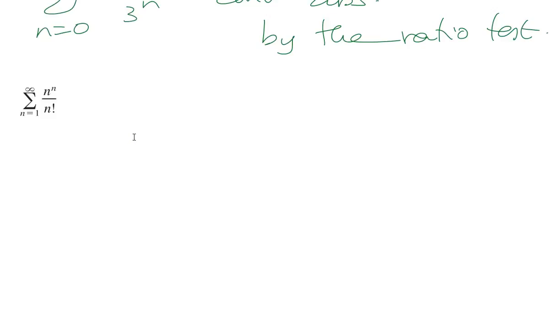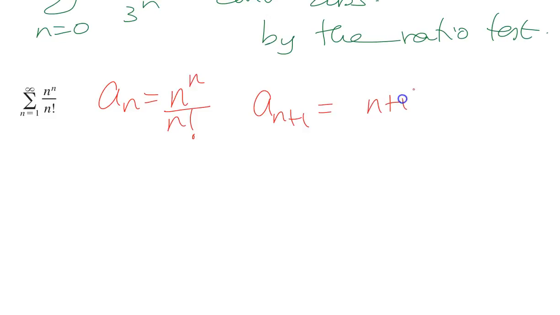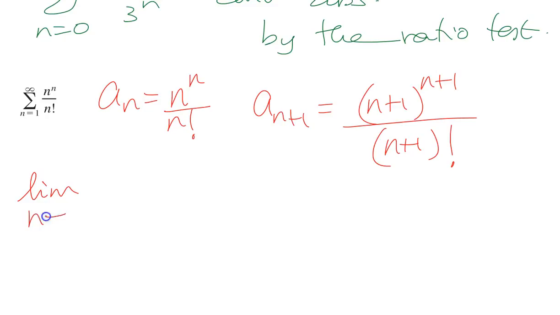N factorial is involved. Let's go ahead with the ratio test. a_n is n to the power n over n factorial. a_(n+1) is n plus 1 to the power n plus 1 over n plus 1 factorial. So you want to find the limit as n goes to infinity of the absolute value of a_(n+1) over a_n.